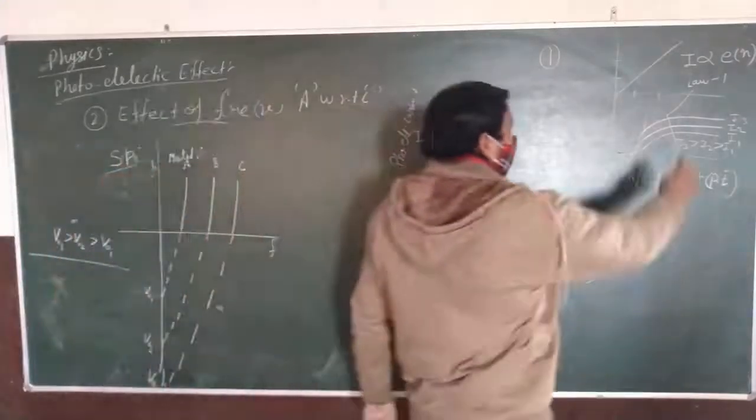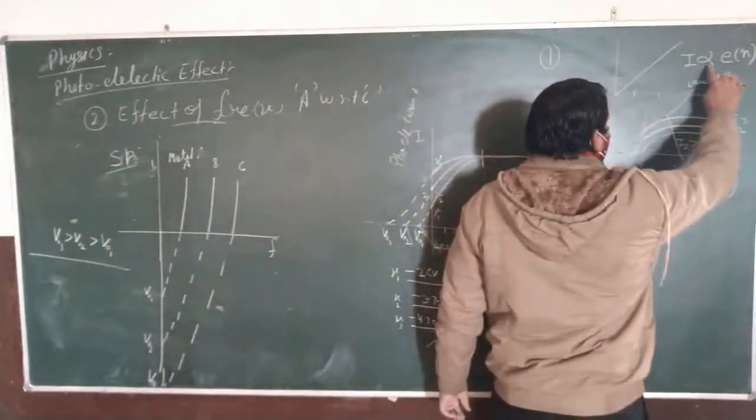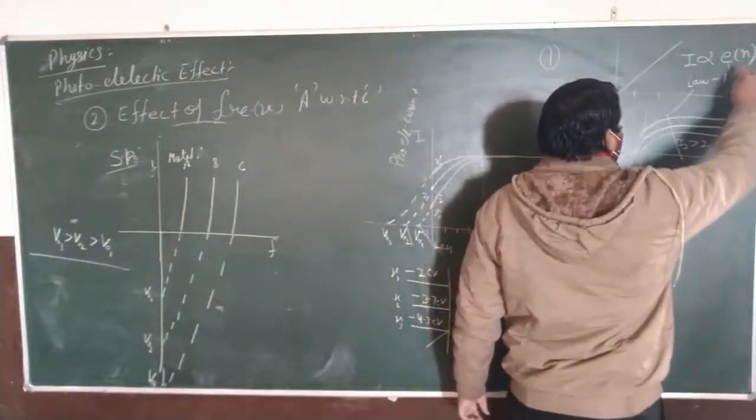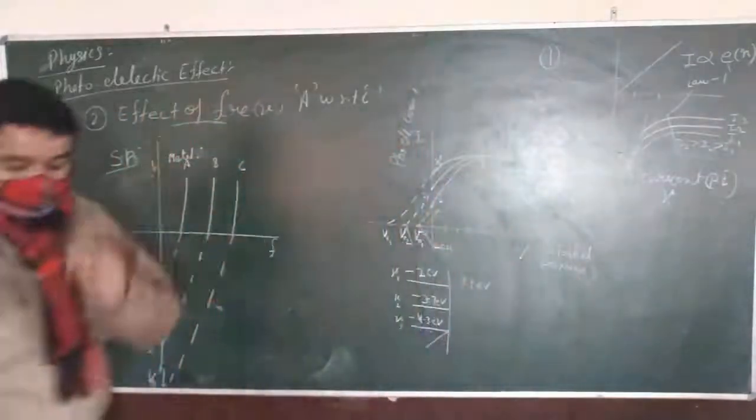That is, the intensity of light is directly proportional to the emission of electrons.